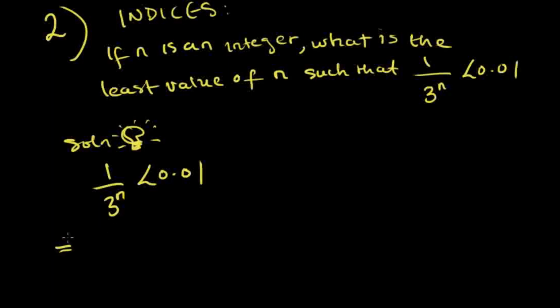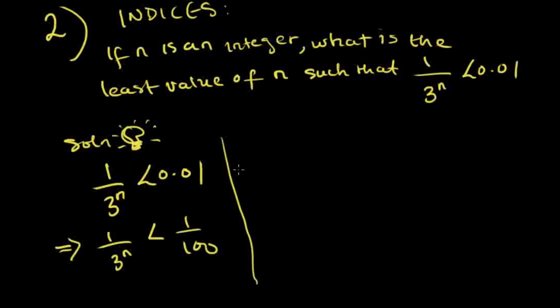So this is still the same thing as 1 over 3 raised to the power of n, and it's less than 1 over 100. So I'm going to take the reciprocal of both sides. When we take the reciprocal of both sides, we'll have 3 raised to the power of n greater than 100. Remember that whenever you take the reciprocal of both sides, an inequality will reverse its direction.